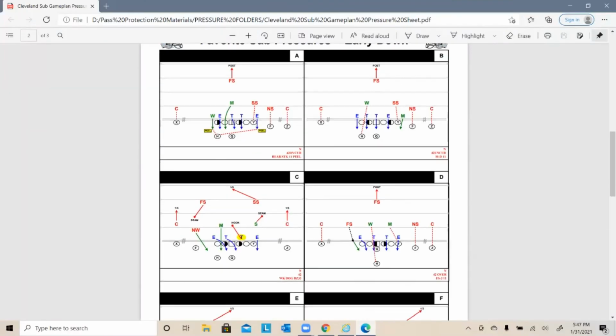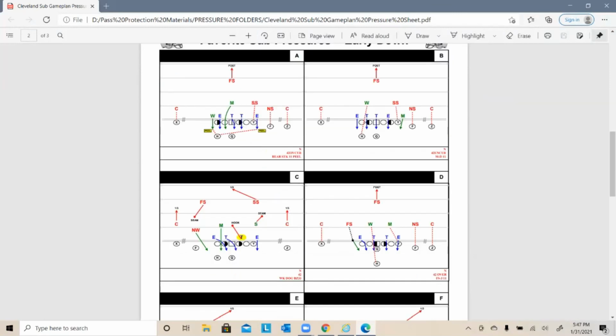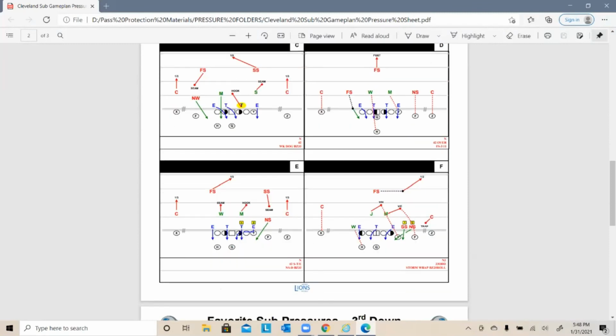If you had a base template, something you can do in the off season, with different families of blitzes already drawn up, then you just copy and paste to the particular game plan.